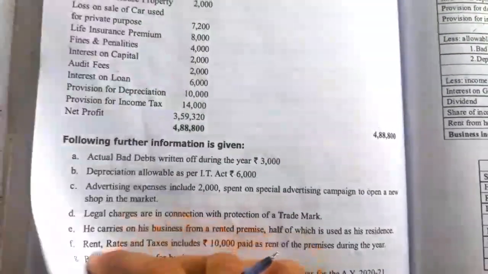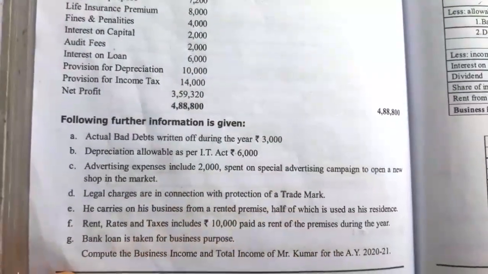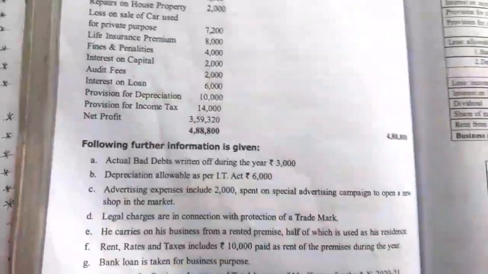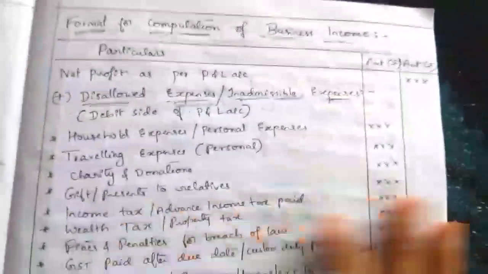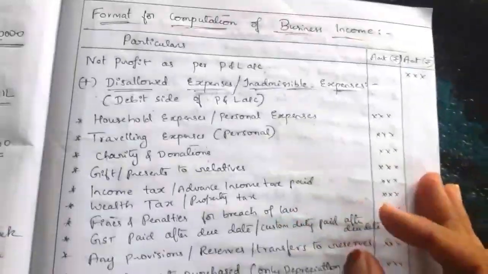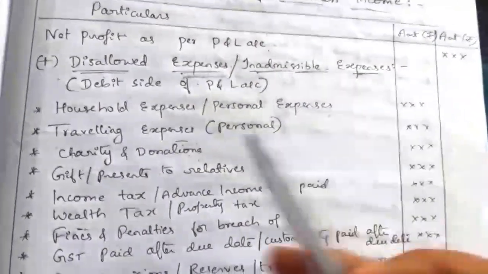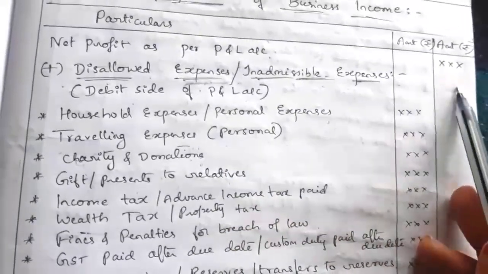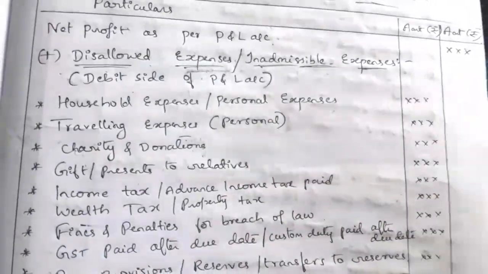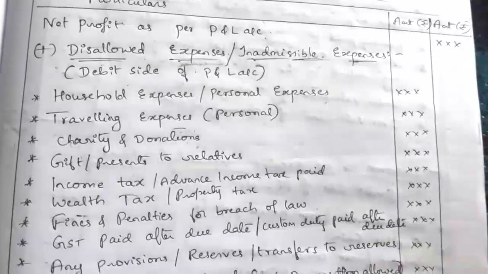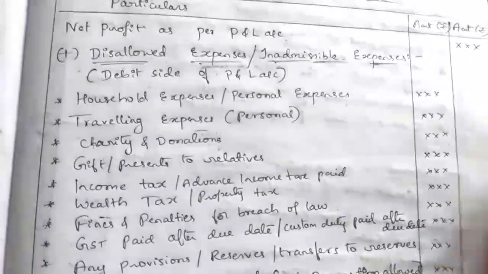So to calculate this business income, we should know the format to calculate the business income. The format for computation of business income is, we have to start this illustration with the net profit. So net profit as per profit and loss account we have to take. Then we have to add disallowed expenses, that is nothing but expenses which are not relating to business.